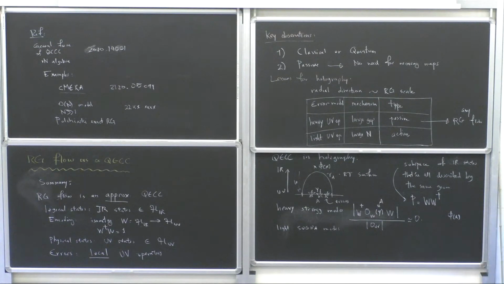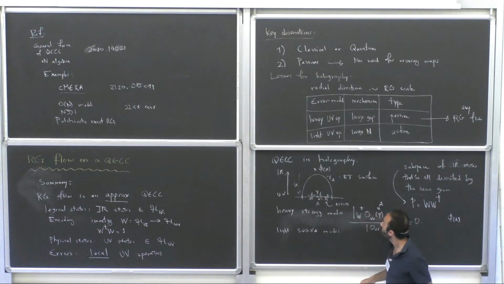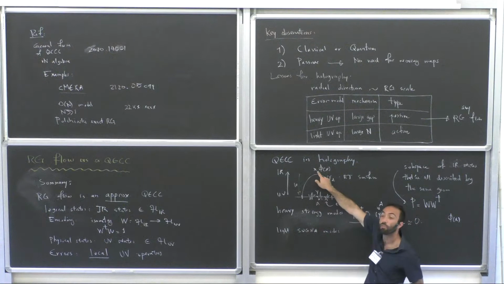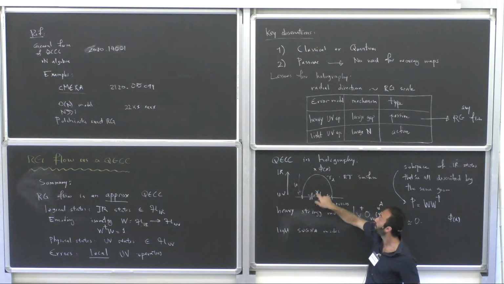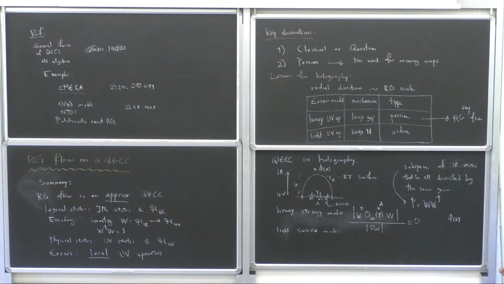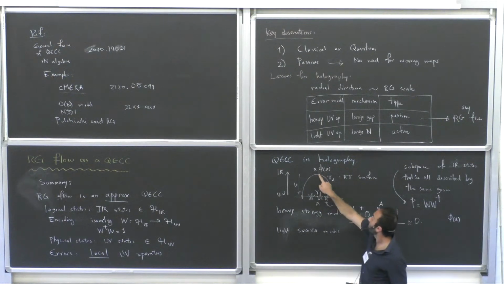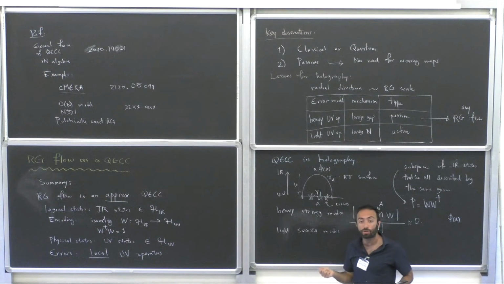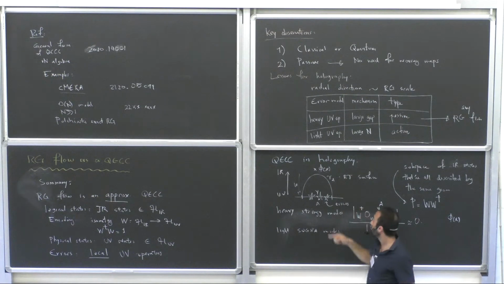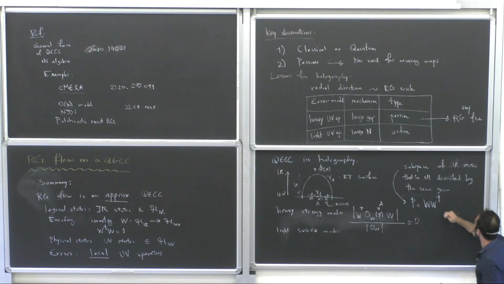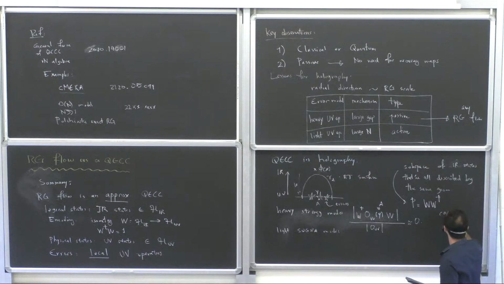If you remember, the original argument for quantum error correction in holography was that UV operators and infrared operators commute. But that could happen in two different ways. They could commute while the correlators are non-zero, or they could commute because they just have vanishing correlation functions. So in this case, both the correlation functions and the commutators vanish.